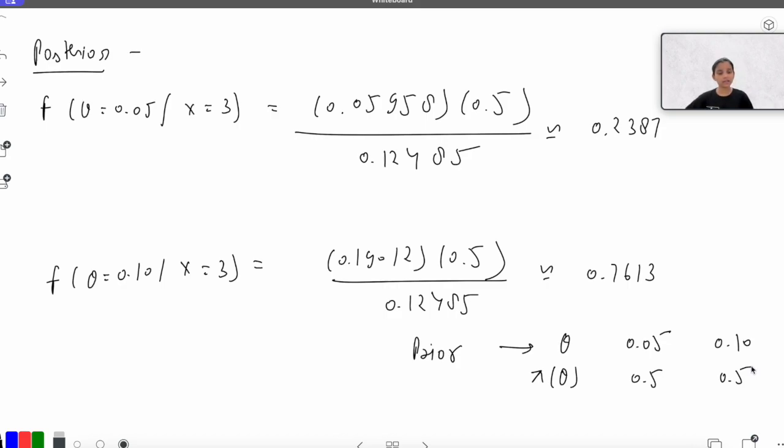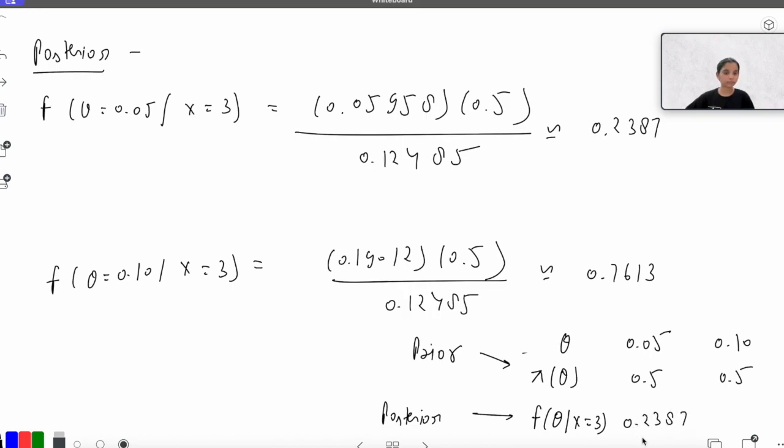We are saying the probability of occurrence of these 5% and 10% defectives are equally likely, and this was my prior. Now after taking the data into account, we have updated our probability. Now we are calculating the posterior probability for theta given x equal to 3. This is my posterior.